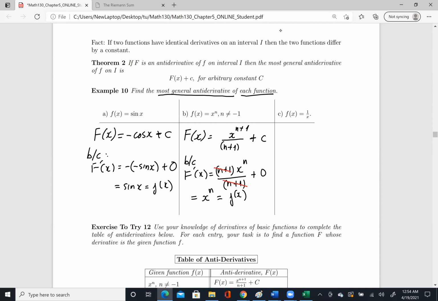Okay, now C. I have f(x) equals 1 over x, right? And here, remember that there is a ln x.